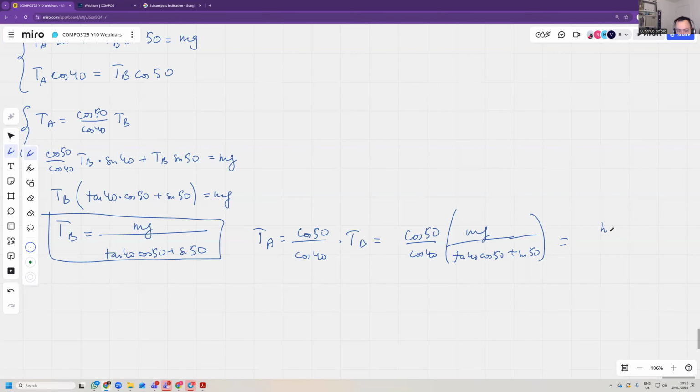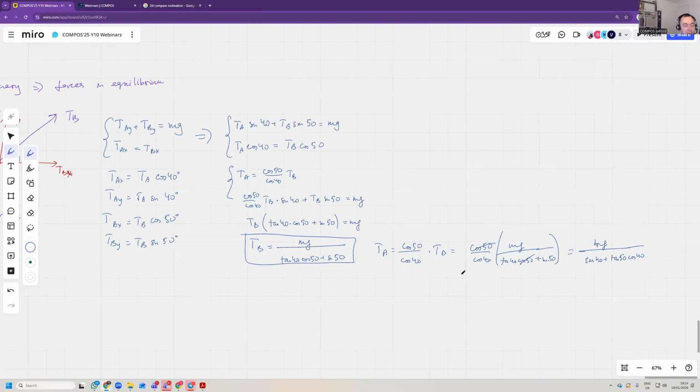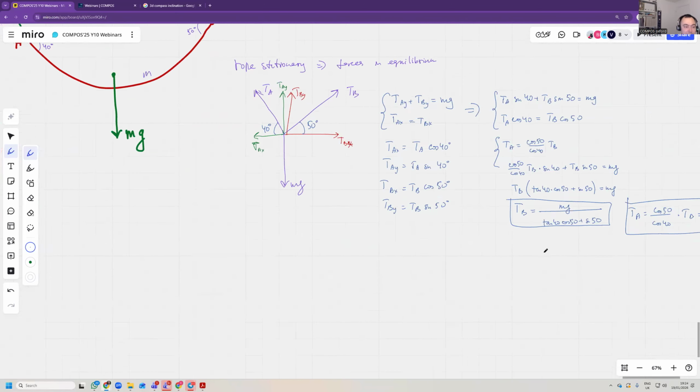You get mg, cos 50 cancels, this becomes tan 40 cos 40, so there's sine 40, sine 40 plus tan 50 cos 40. Okay. So yeah, that answers the first problem, find TA and TB.